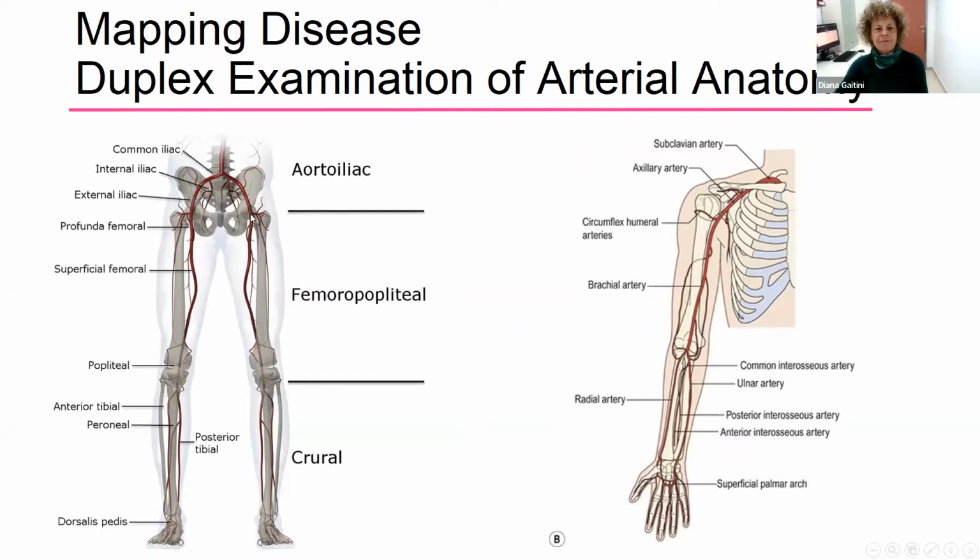Femoropopliteal is the common femoral artery, the beginning of the profunda, all the superficial femoral, the popliteal artery, and the crural level, the 3 arteries in the calf, the posterior and anterior tibial, and the peroneal artery, and also the dorsalis pedis. At the upper limb, we have the subclavian artery, axillary, brachial, and the 2 branches, the radial and ulnar arteries.